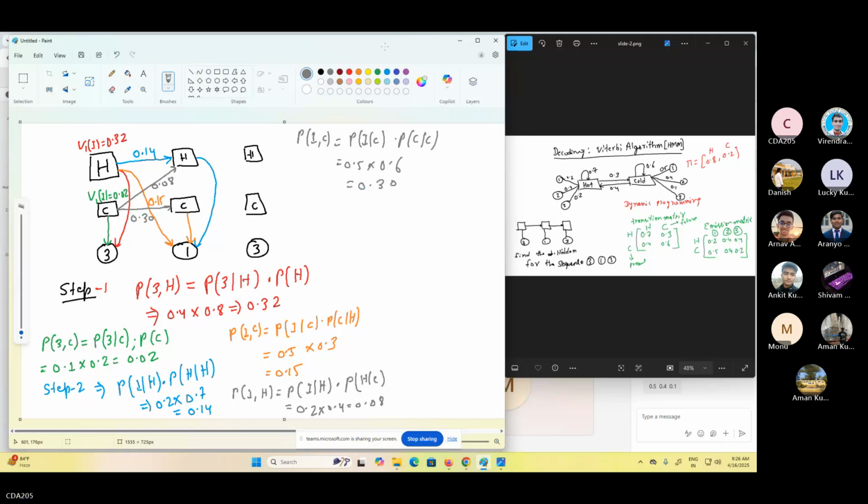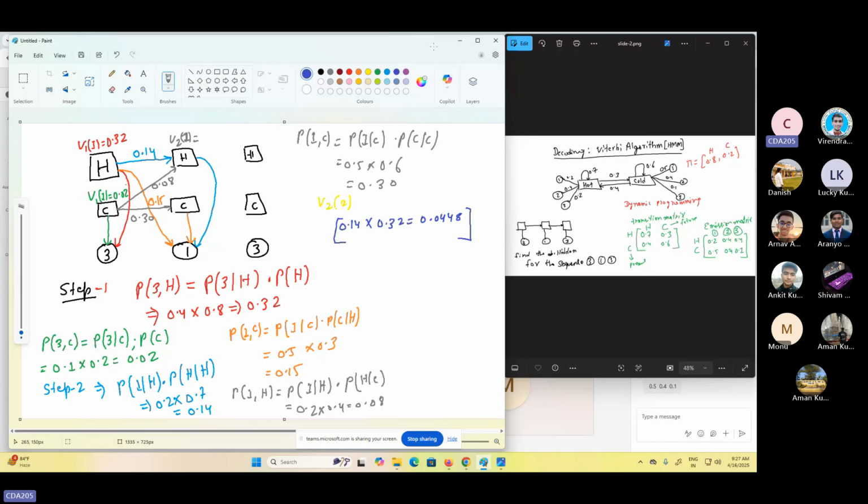Okay. Now we will see one more thing, how to calculate V21, sorry, V22. See, how can we calculate V22? It will be 0.14 into 0.32, which is 0.0448.